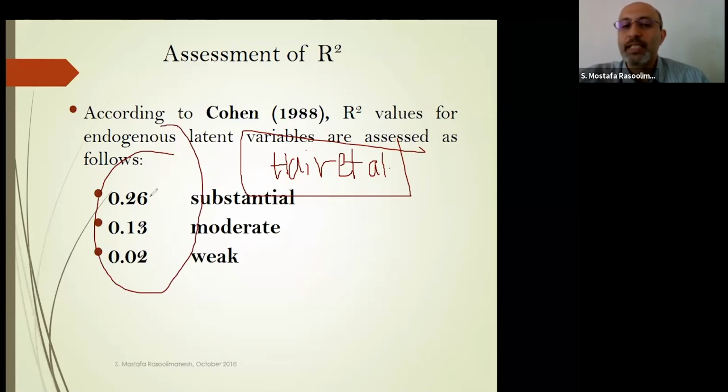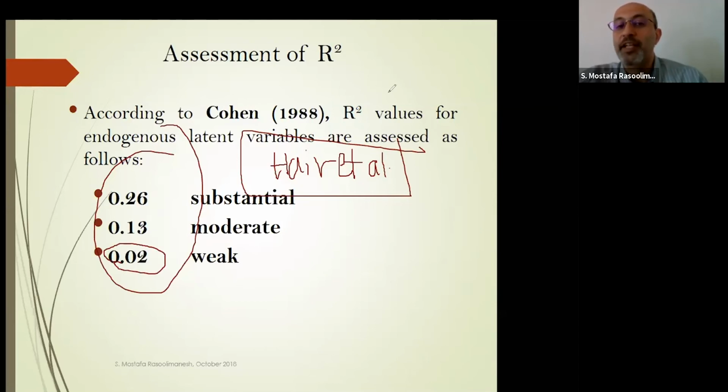So here you can see the R square higher than 0.26 can be considered high, right? Substantial. And the R square lower than 0.02 is unacceptable. But the R square higher than 0.02 can be acceptable.